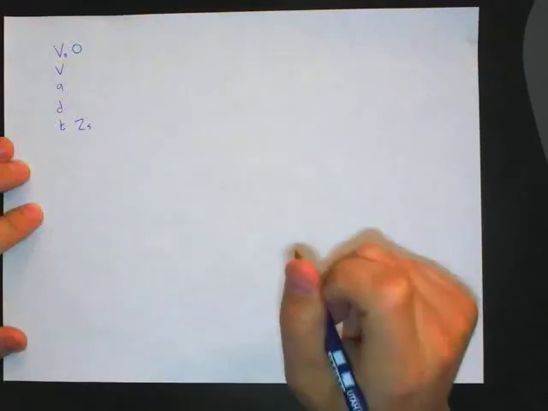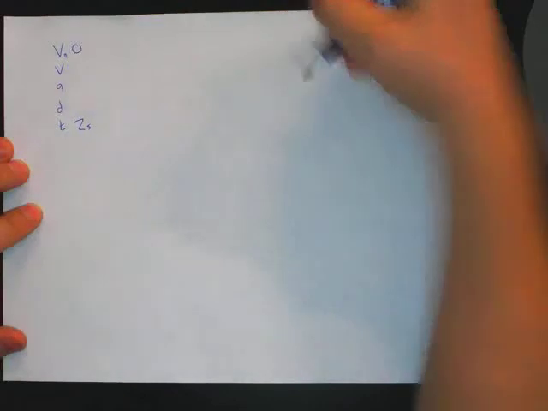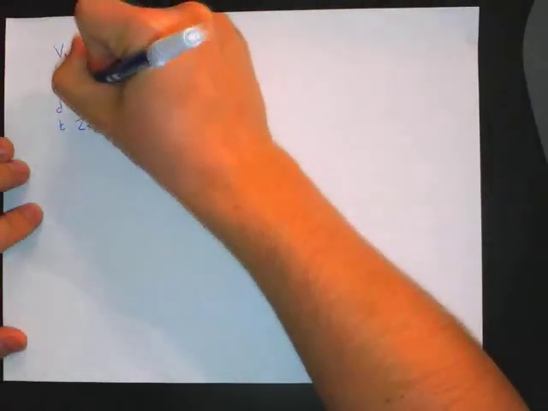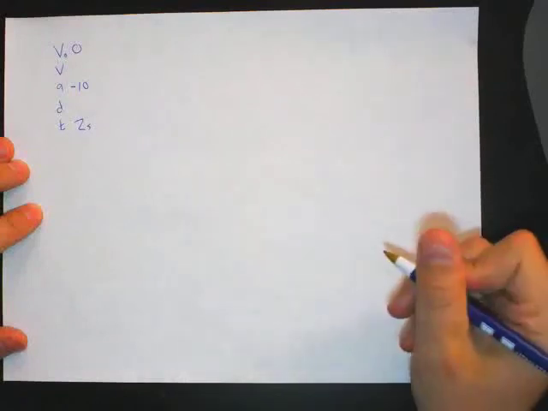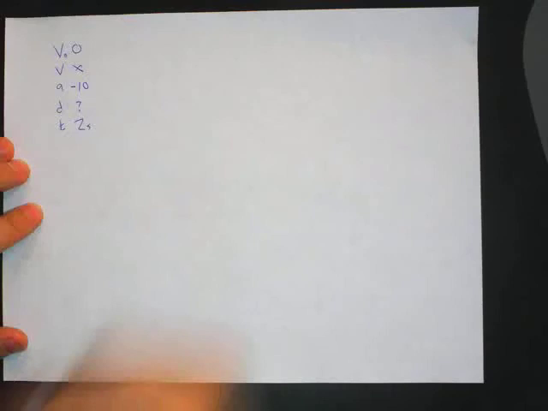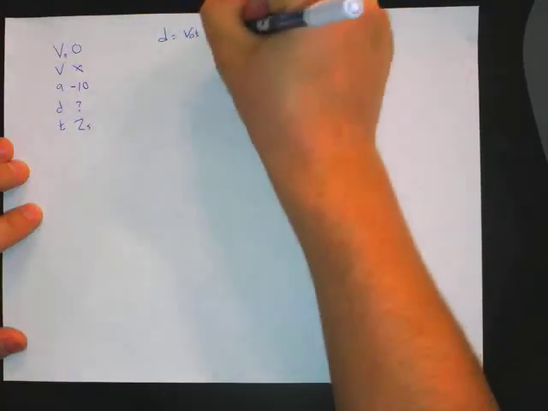And what you hopefully learned from your free fall lab or whenever is that the acceleration of free falling objects is always -10. So if we want to know how far it fell, then we can use the don't need v equation, which is d equals v naught t plus 1/2 at squared.